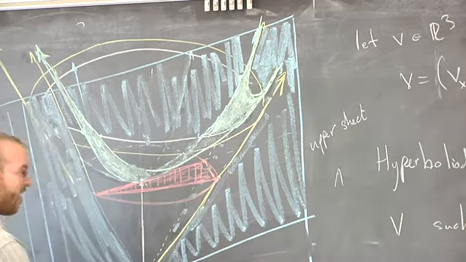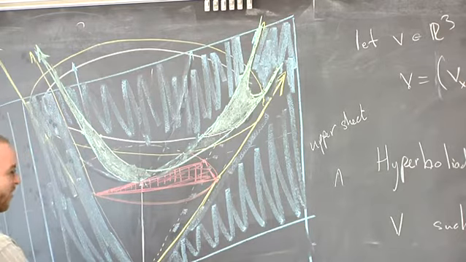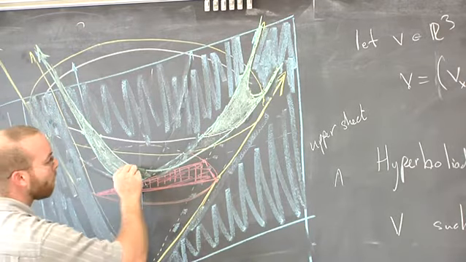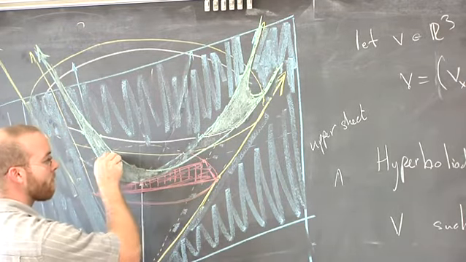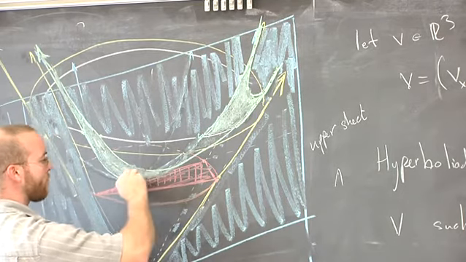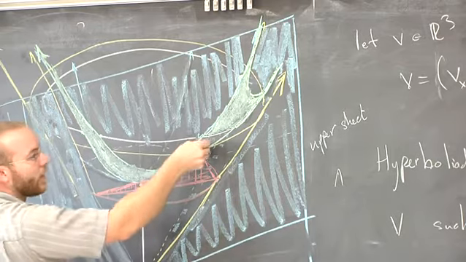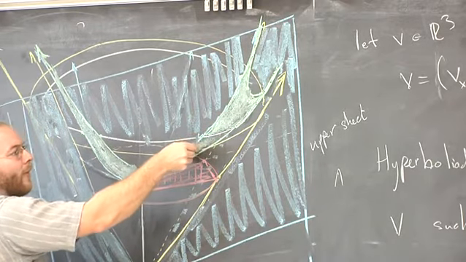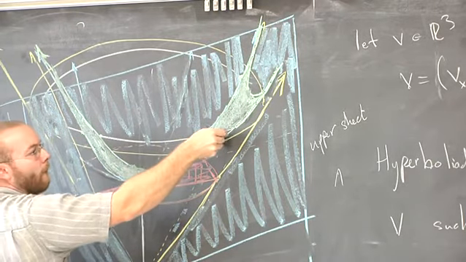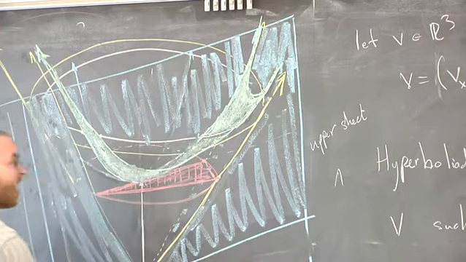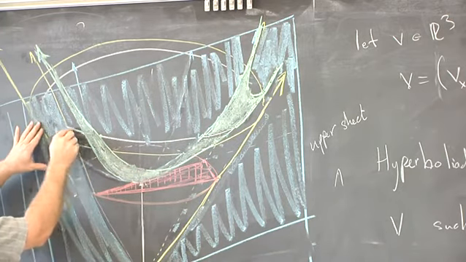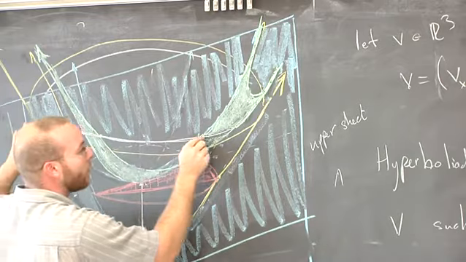And remember, the hyperboloid is hiding some of the triangle. There we go. So maybe this is behind the hyperboloid. We'll strengthen the look of the hyperboloid now.